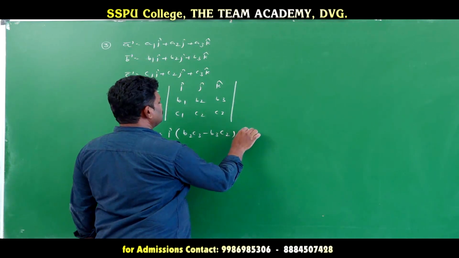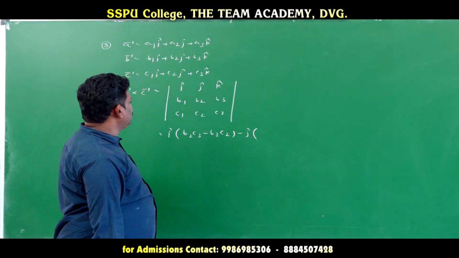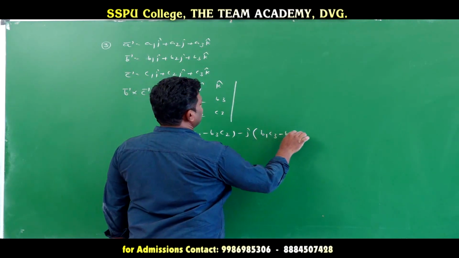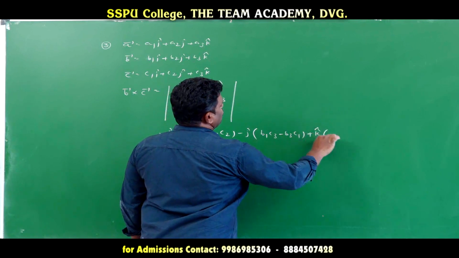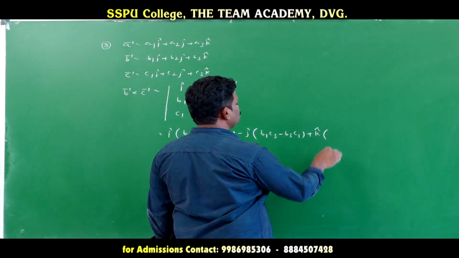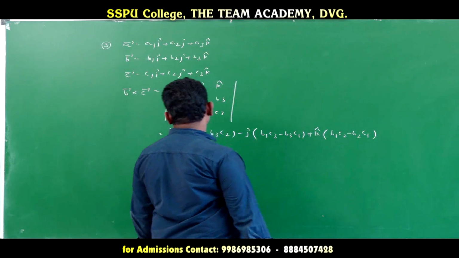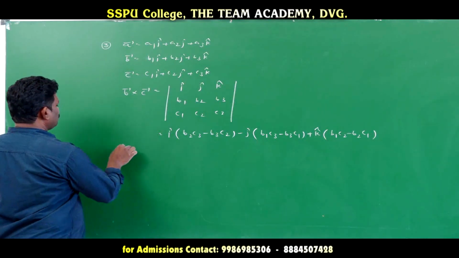Next minus j cap, B1 C3 minus B3 C1, plus k cap, B1 C2 minus B2 C1 value. Okay? Now we apply the dot product for this one.